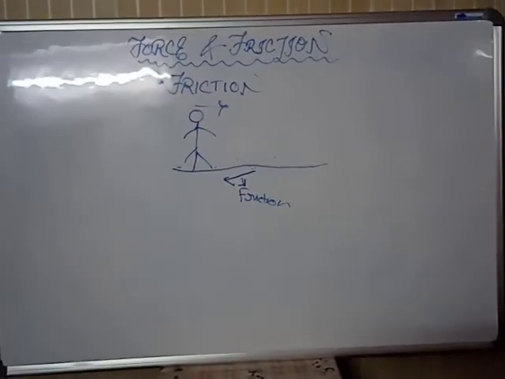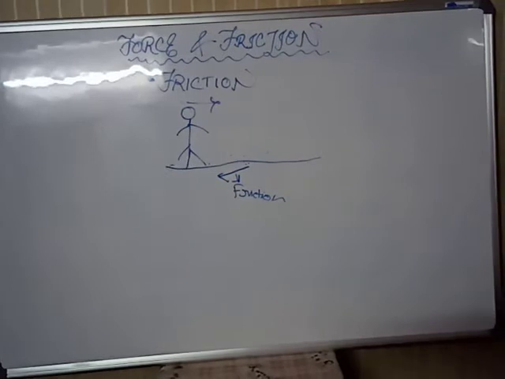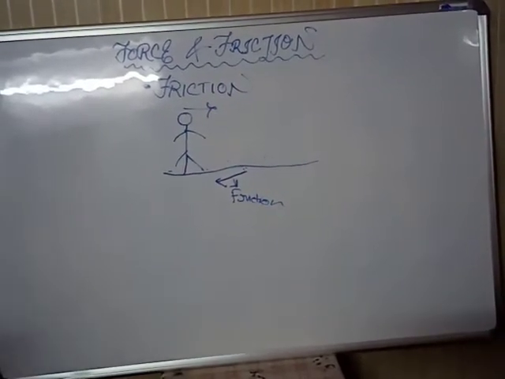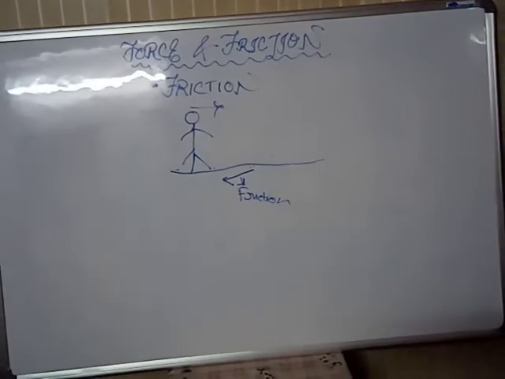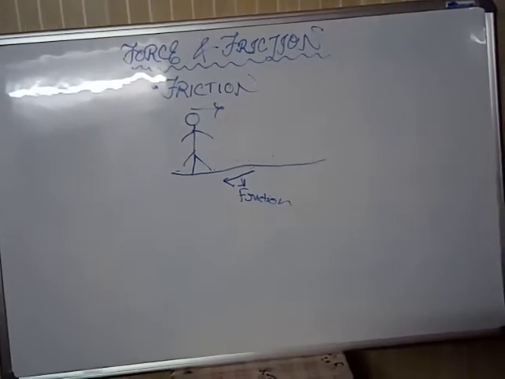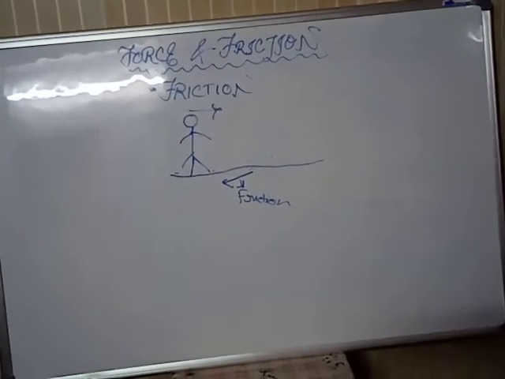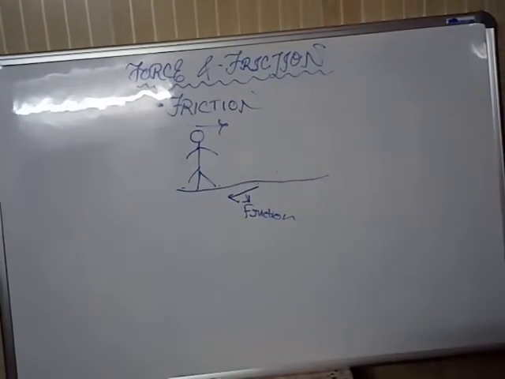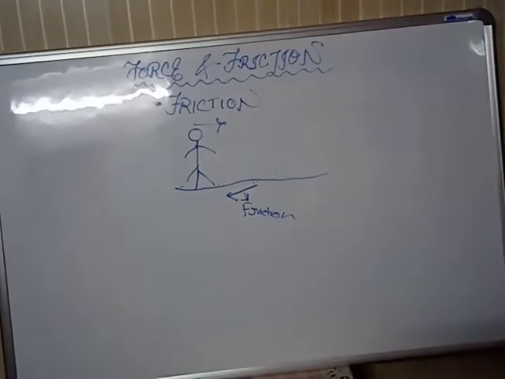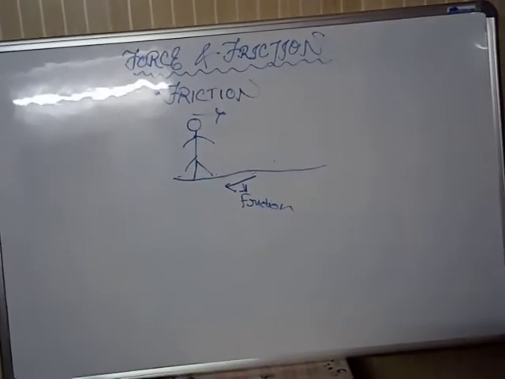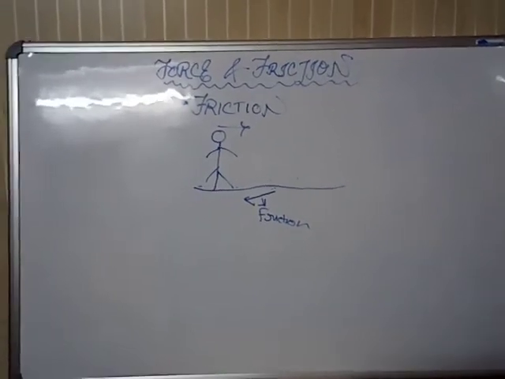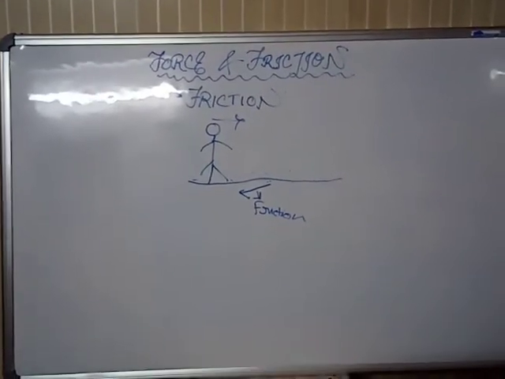But no surface at all is perfectly smooth. Maybe it looks smooth, but if you see that surface with a microscope, you will see that those smooth surfaces also have some rough portions. Now, friction is due to those rough portions.